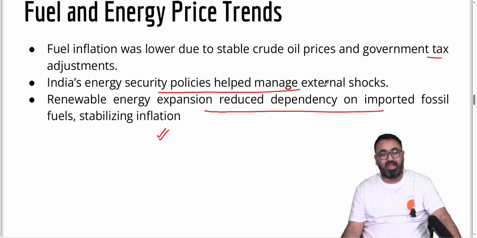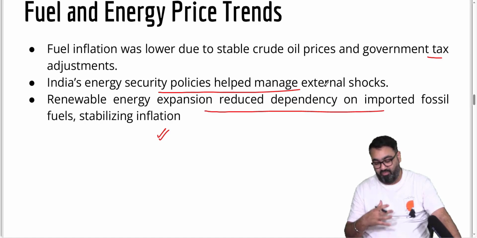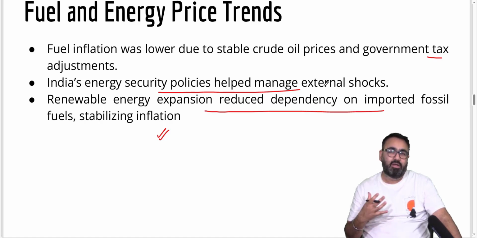We are targeting 20% ethanol mixing with petrol by the end of 2025. We are en route to do that. As we increase the blending of ethanol with petrol, obviously the import of petrol or crude oil will decrease. Although it won't happen immediately, it is a long-term goal. Our focus on renewable energy has made sure that fuel inflation does not affect us as much as it used to earlier.